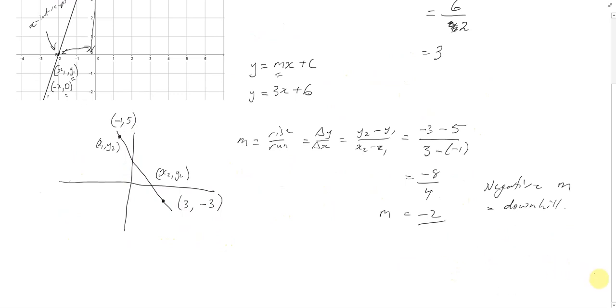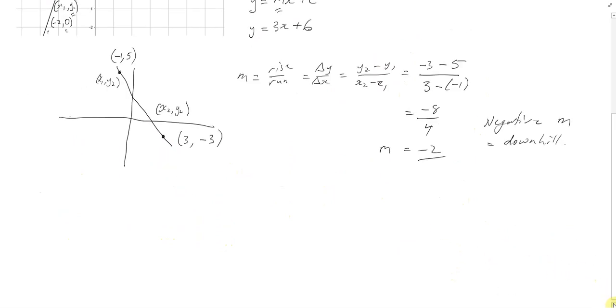Alright, let's just do one more example. Okay, so you know that I've said several times now that if we have y equals mx plus c, the m is the gradient part. But sometimes your linear equations look more like this: 4y minus 2x equals 10.